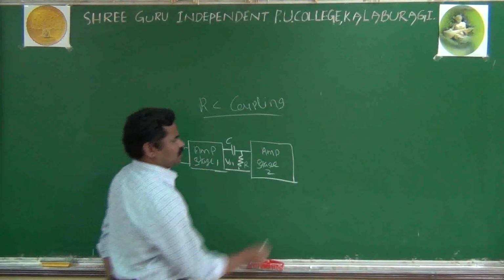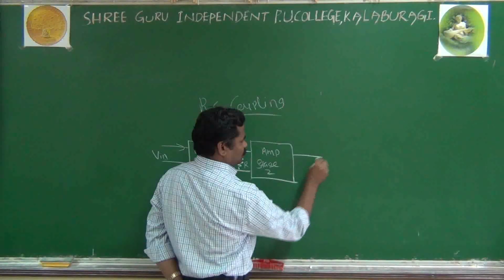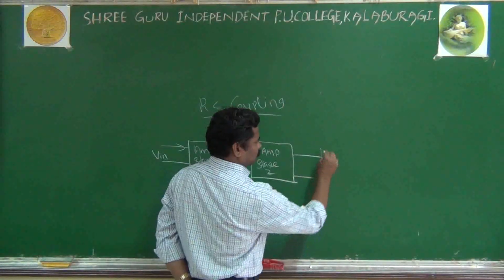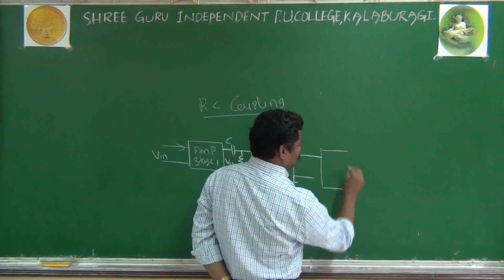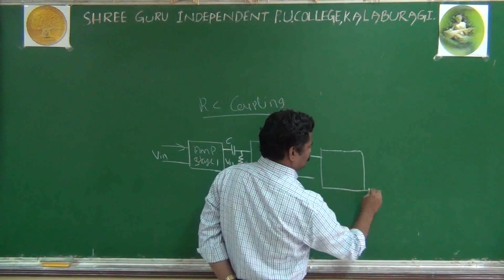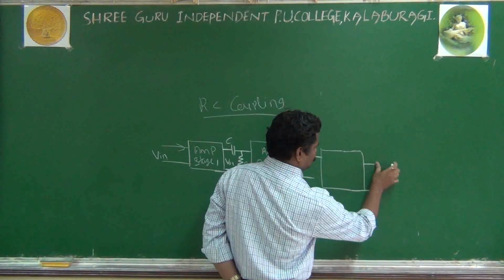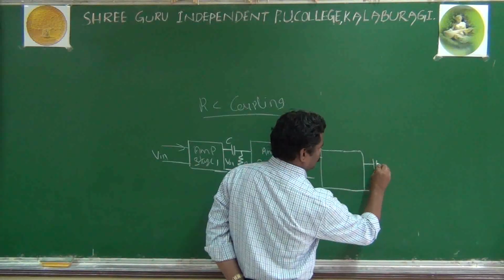And in the same way here also you can take another stage of amplification. Here you are using another capacitor and here the RL.